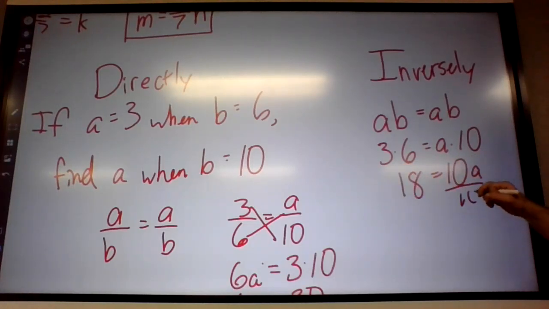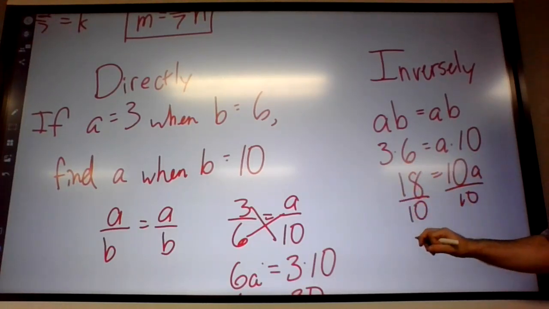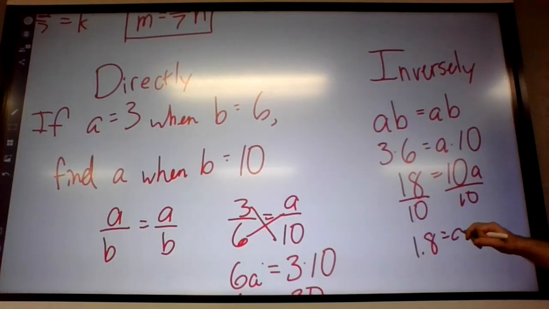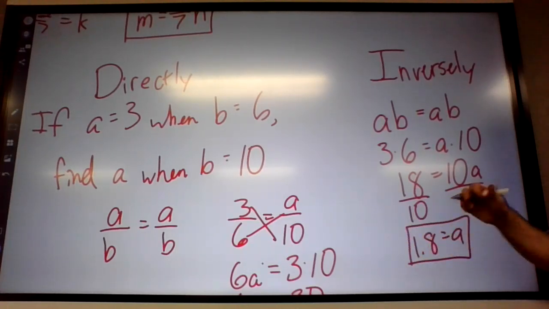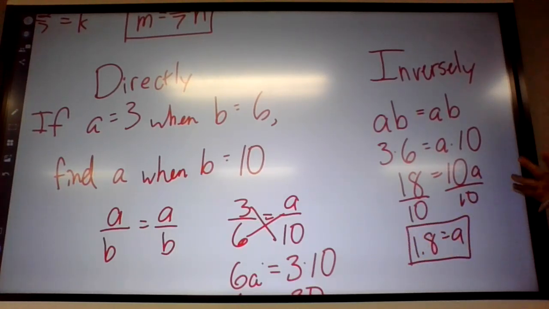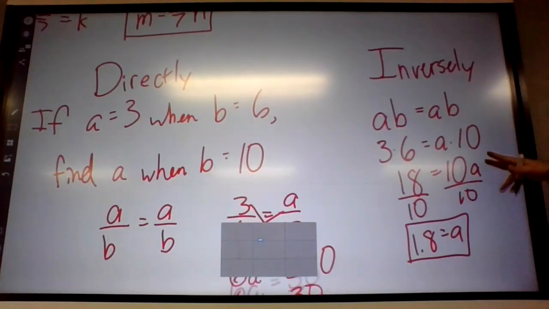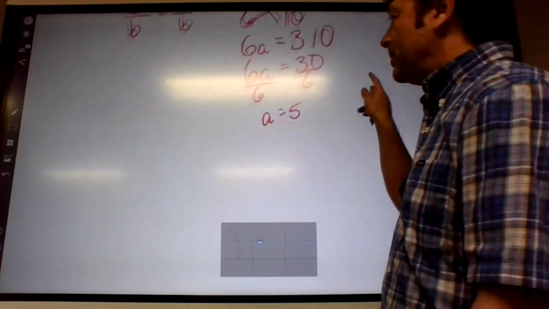Divide by 10, and this would be 1.8. They do use decimals on this worksheet instead of fractions, but I don't really care either way. That was an example. Time's up. All right.